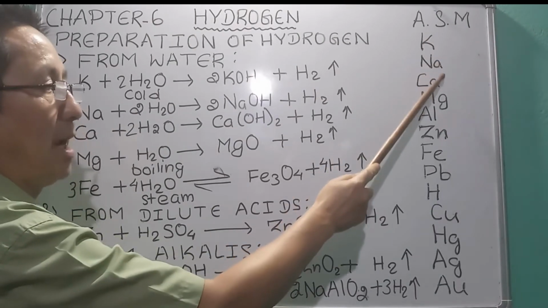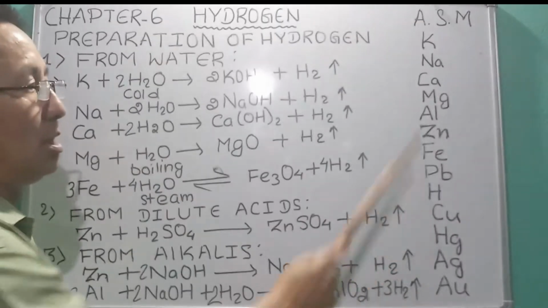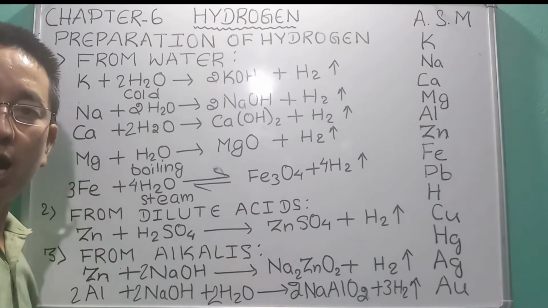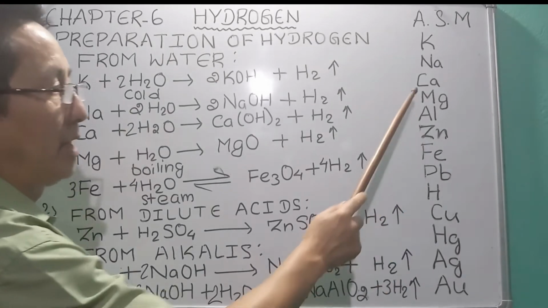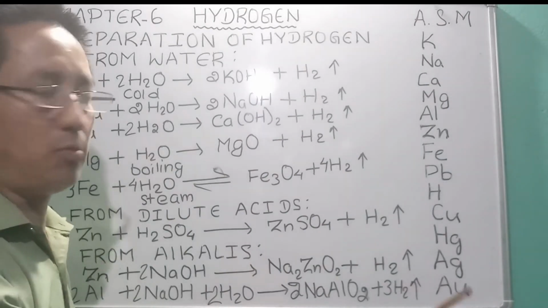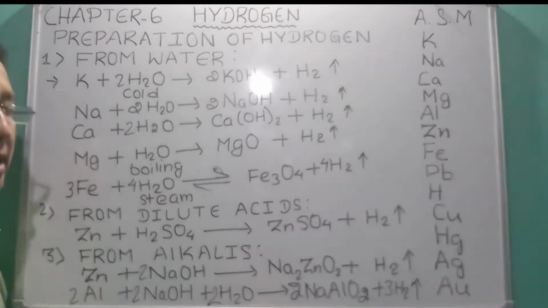Potassium, sodium and calcium, these three metals react with cold water. The reaction of potassium and sodium with cold water is highly exothermic, whereas the reaction of calcium with cold water is less vigorous. Now, magnesium reacts with boiling water.